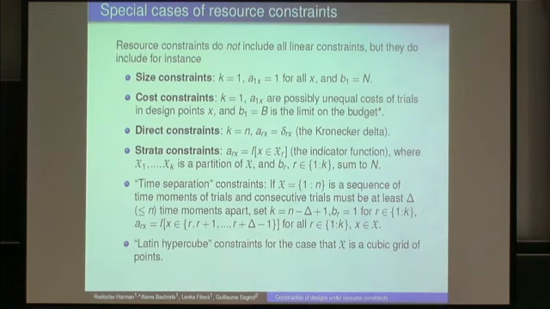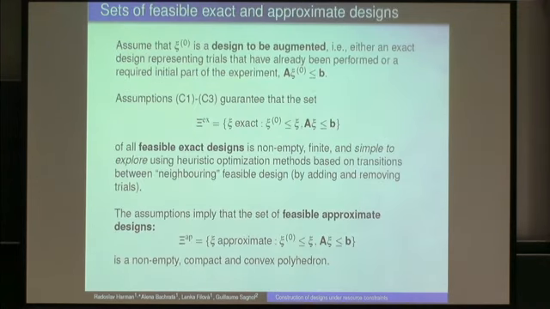Between two successive trials, we need to have at least a given amount of time. So all these kinds of constraints, even some kinds of Latin hypercube constraints, if X is a cubic grid of points, and so on, many constraints can be captured by resource constraints, although not all linear constraints.